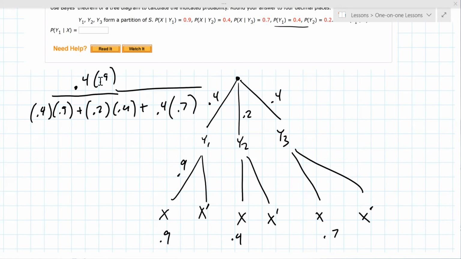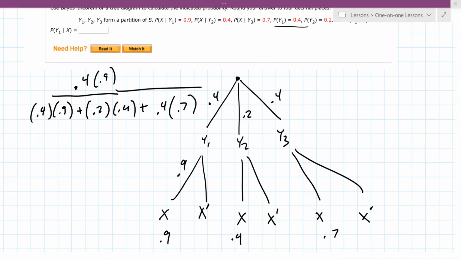So 0.2 times 0.4 plus 0.4 times 0.7, and 0.4. Okay, so it ends up being 1/2. Well, that's shocking. Hopefully that's right. All right, let me try entering that, and then hopefully that's correct, and we can close out here. It is.